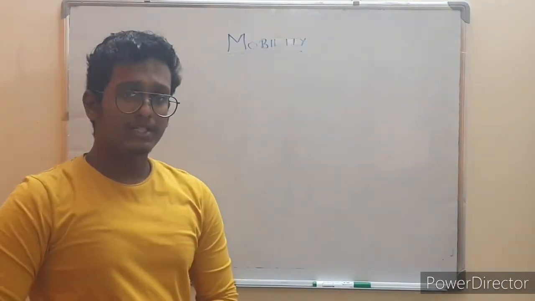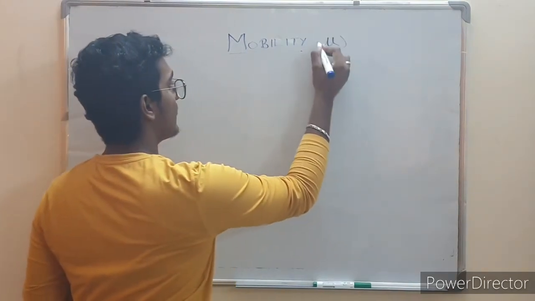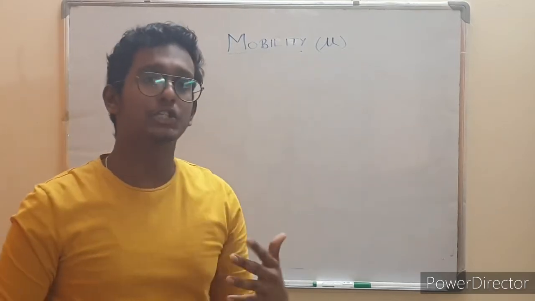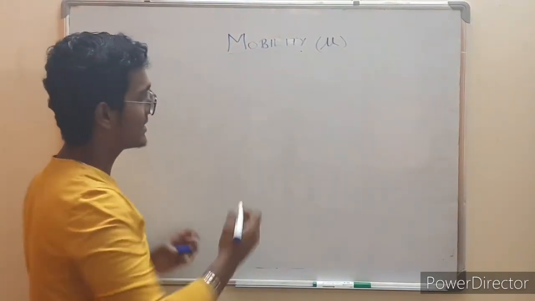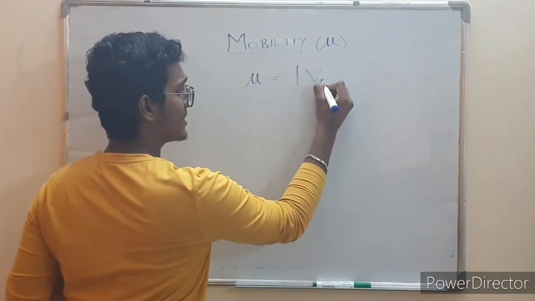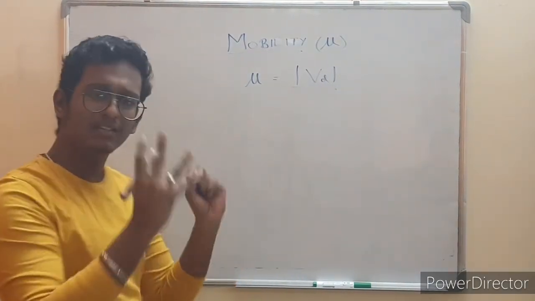Mobility is denoted by the Greek letter mu, and what it says is how free an electron is to move. Magnitude wise it is represented by the magnitude of drift velocity. The velocity could be negative or positive, but we just need the speed.